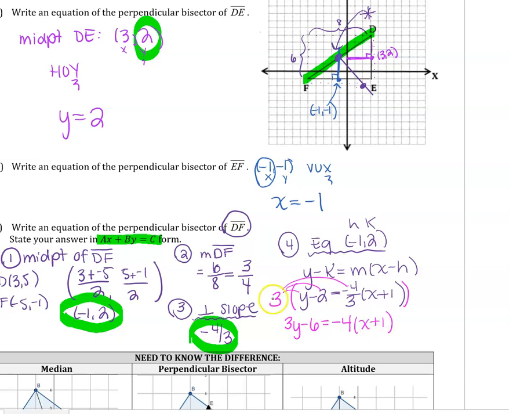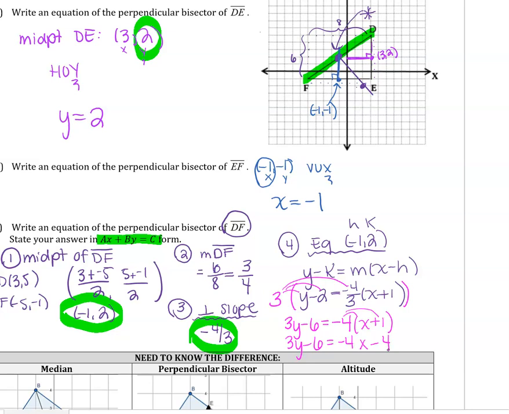So because I'm multiplying the 3 by the -4/3, which would then in effect multiply the x plus 1, you're not distributing anything more than that. Sometimes I'll have students just try to distribute to the x and the 1. You're not doing that here. You're taking care of that in this first step. Now I'm going to distribute that -4. So this is 3y minus 6 equals -4x minus 4.